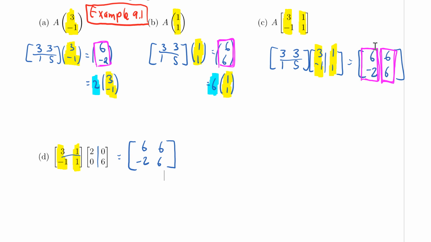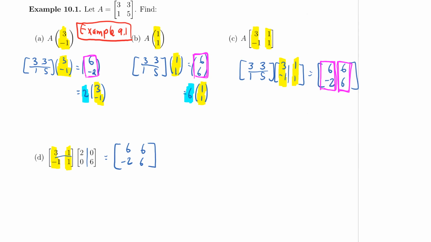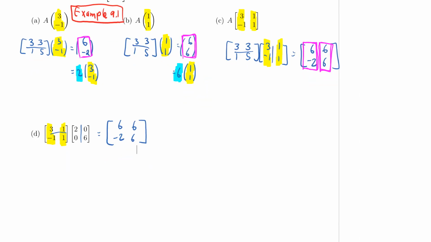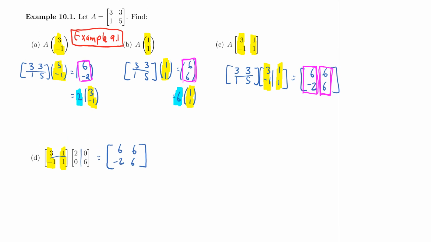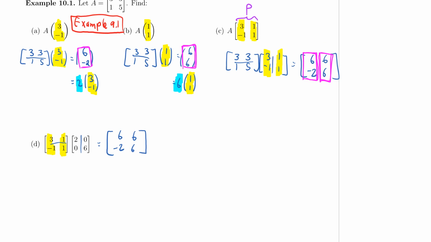So what really is going on here? Let me give this matrix a name. Let me call it P. So my P would be the matrix with columns (3, -1) and (1, 1). This is the matrix where I just put all the eigenvectors next to each other.